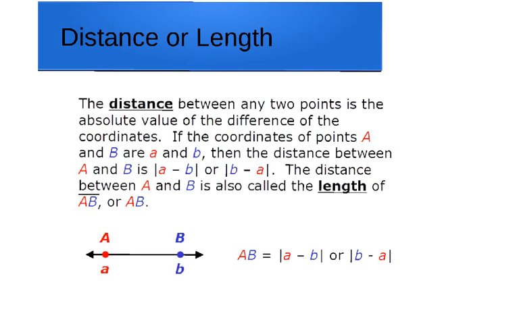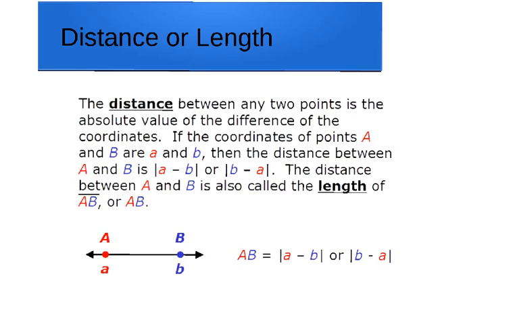So first thing on your paper is this right here. We have the distance between 2 points is the absolute value of the difference of coordinates. We've learned the absolute value in a previous algebra class. Whenever you take the absolute value of something, if it's negative, it becomes positive. If it's positive, it stays positive.